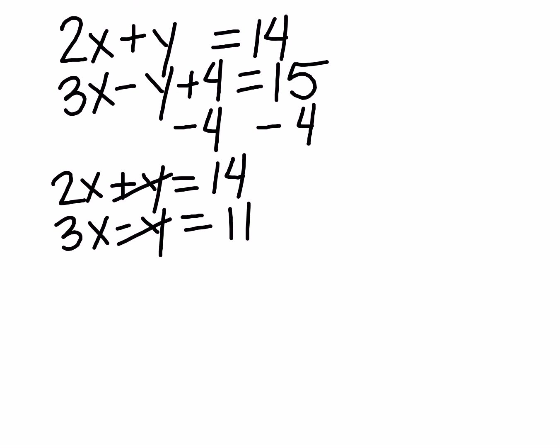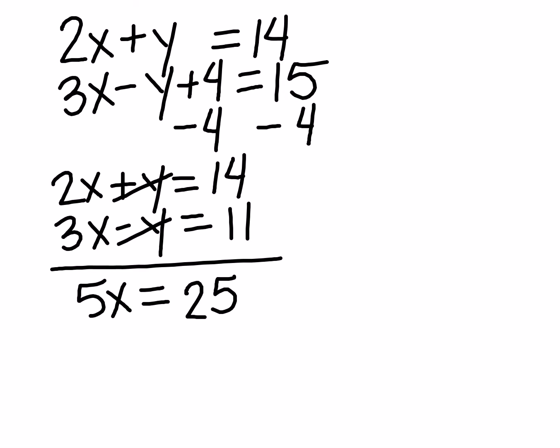We're going to cross them out because they are opposites. What is left over? We have 5x equals 25. Now, from there, we're going to solve for x. Divide by 5 on both sides of my equation. x equals 5.